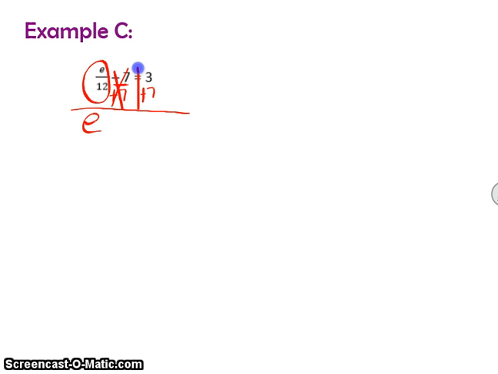I bring down e divided by 12 is equal to 3 plus 7, which is 10. Well, this is a fraction, and fraction means division. The opposite of division would be to multiply. So I multiply by 12 on both sides. Remember that whatever you do to one side, you have to do to the other side. These are going to cancel each other out. I'm left with e is equal to 10 times 12, which is 120.